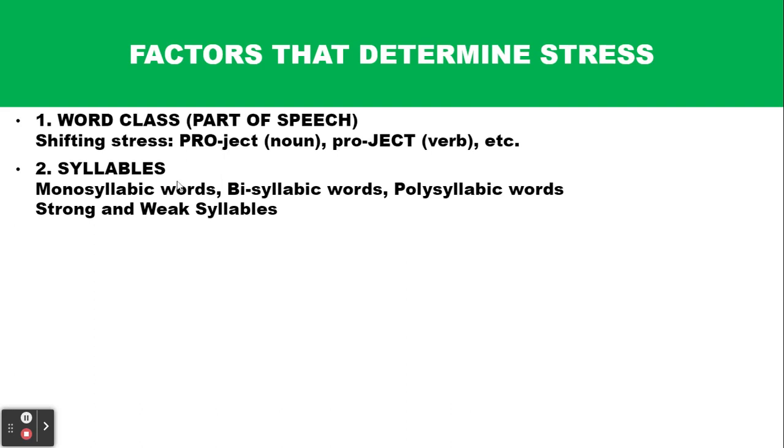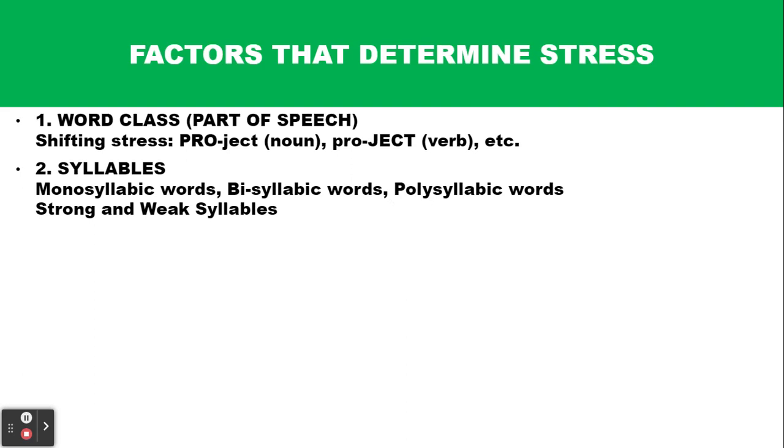And so syllables can determine stress because, first of all, English words can be classified according to the number of syllables they contain, and that is why we have monosyllabic words, which are words with one syllable. Bisyllabic words are words with two syllables, and polysyllabic words are words with three or more syllables.